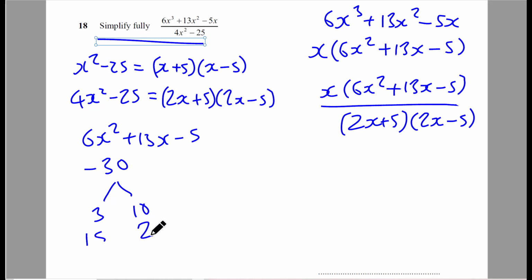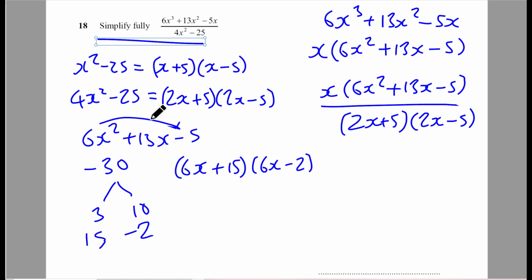It's going to be 15 and 2, where the 2 is going to be negative. So my way, 6x plus 15, 6x minus 2.